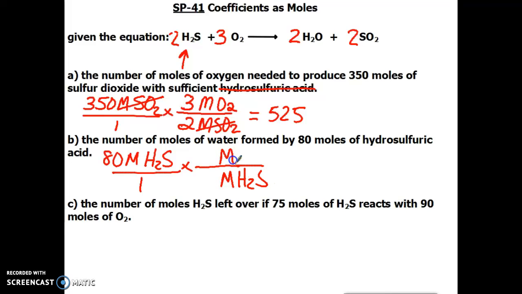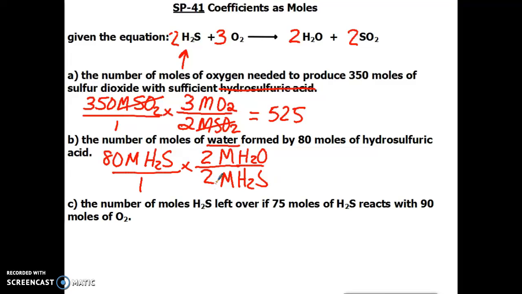And we're going to put moles of what I'm looking for on top. And what I'm looking for is moles of water. All right, once again, those numbers that go in those places come from the balanced equation. So from our balanced equation, we have 2 moles of water, and we have 2 moles of hydrosulfuric acid.